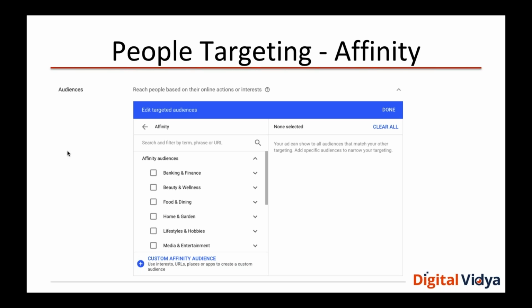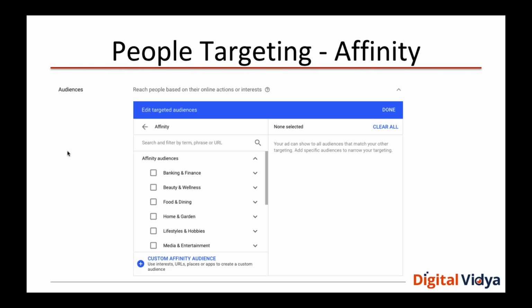So all users whose online behavior matches this criteria will start seeing the ad irrespective of whether they are on a website that is related to food or restaurants or anything. Let's say you are somebody who is a good foodie, and your online behavior also suggests that wherever you travel, you search for good restaurants and you write reviews actively on Zomato or Google reviews and all these things.